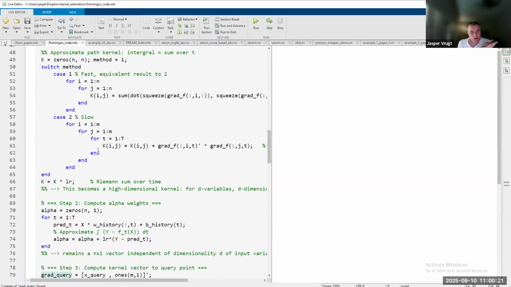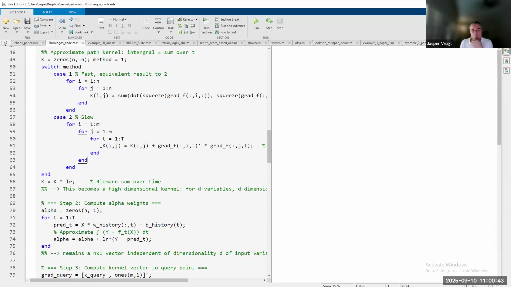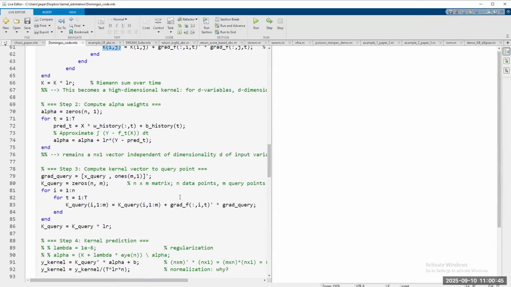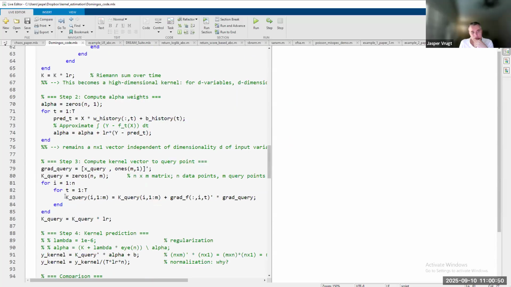In essence, to answer your question about the size, its size is number of data points by number of data points times the number of parameters you have. So this blows up, and that's a really huge limitation. What I expect is that we use this kernel, add the evaluation query data points, and that's how we get to our prediction. There's another step here: I compute and multiply with the learning rate.